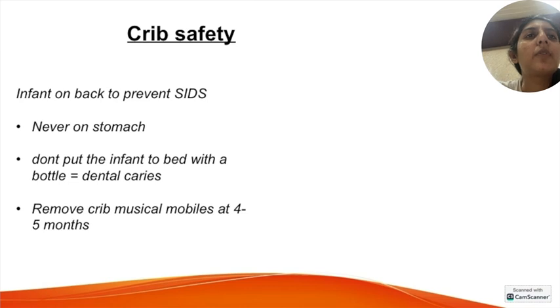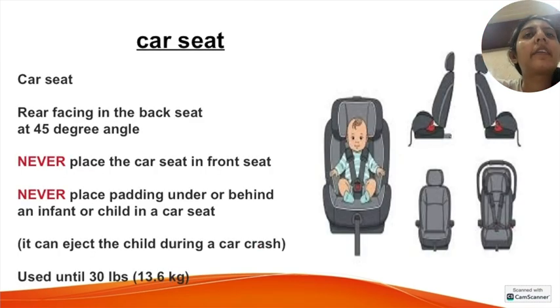We remove crib musical mobiles at 4 to 5 months, since at this age the infant learns to stand up. Next is car seat. The car seat should be rear-facing in the back seat at 45 degrees. Never place the car seat in the front seat.